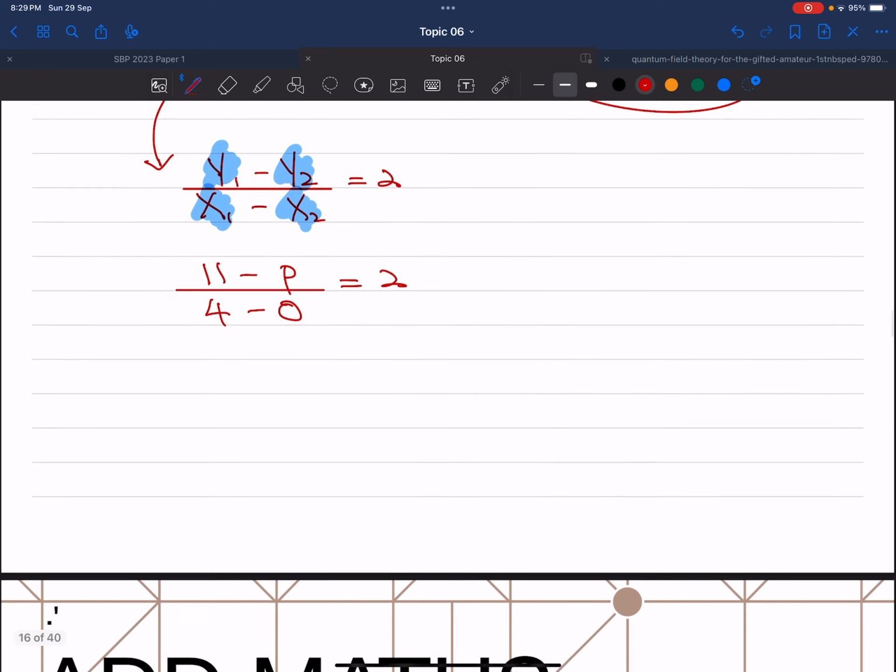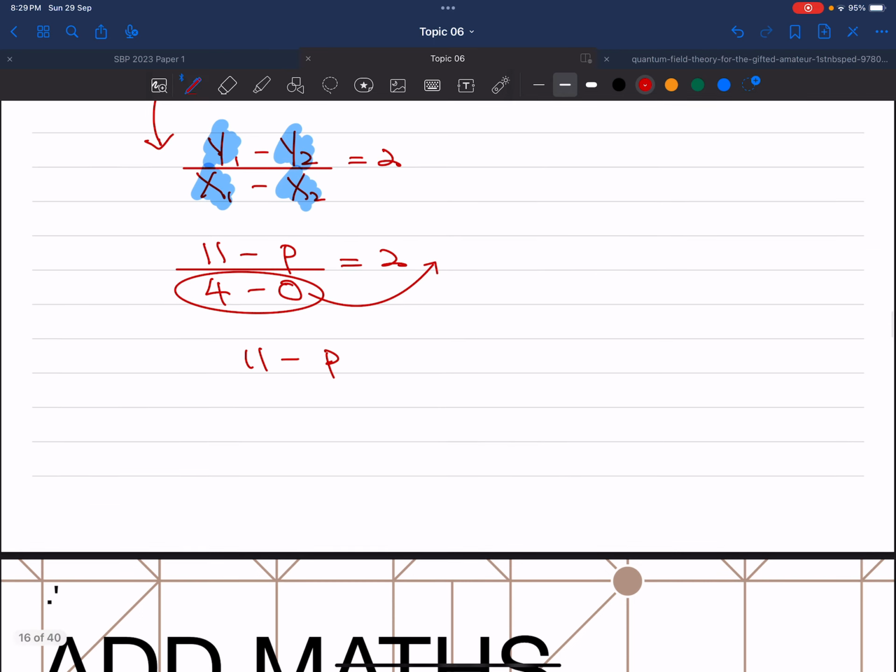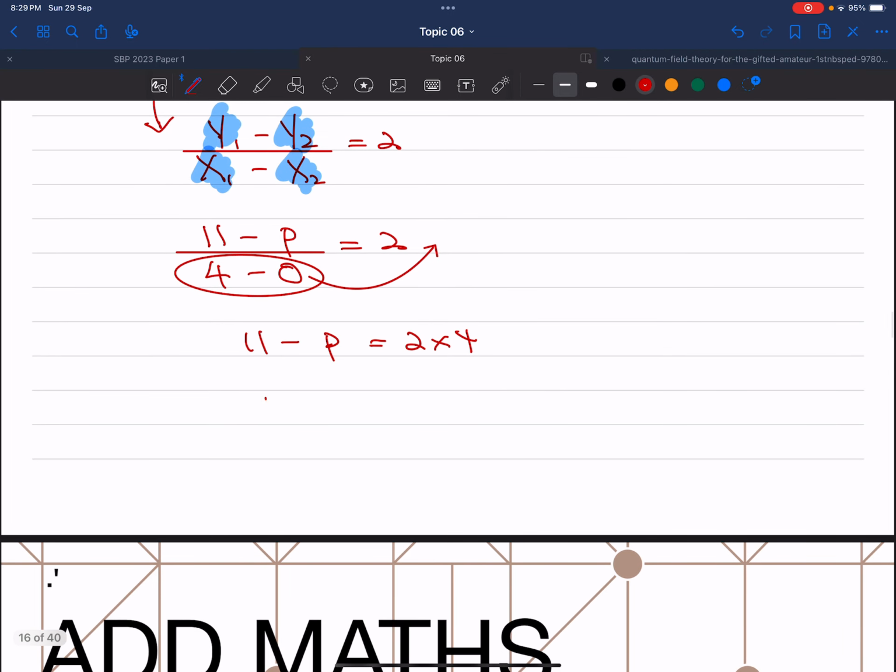So now I have 11 minus P. Of course, 4 minus 0 is 4. And this 4, I bring it up here times, and I would get 2 times 4. So we have 11 minus P equals 8.